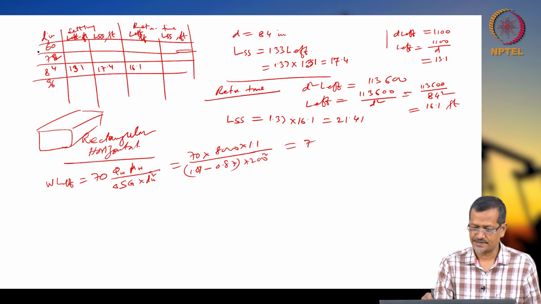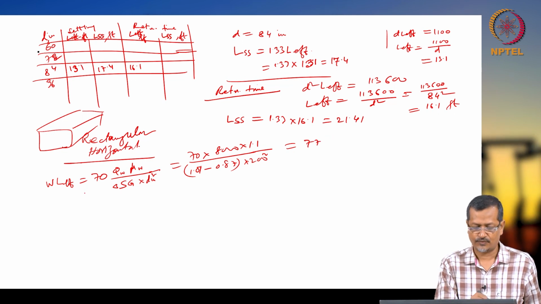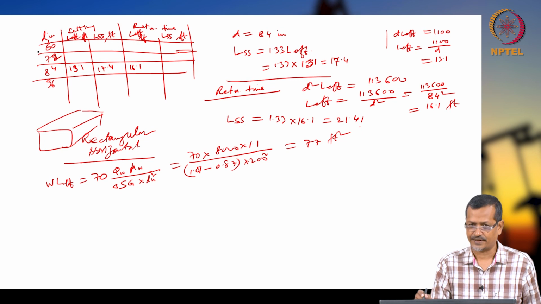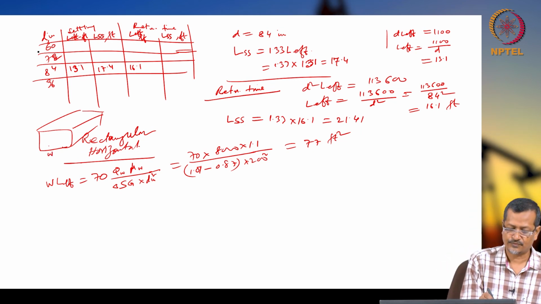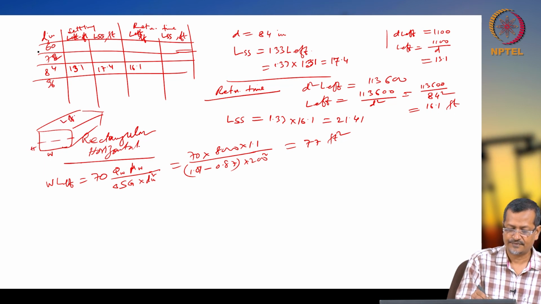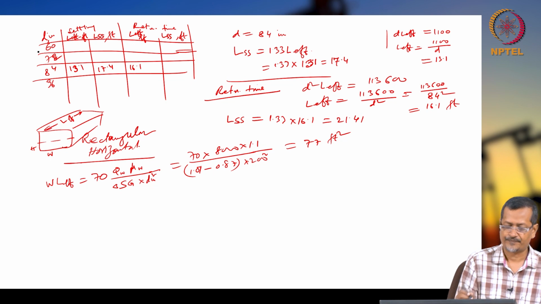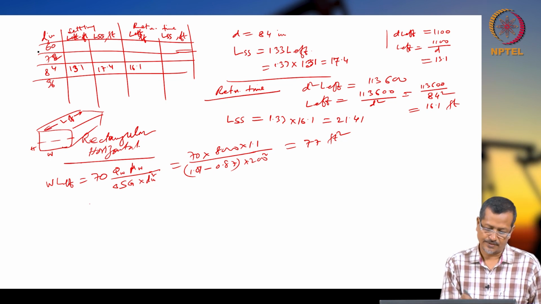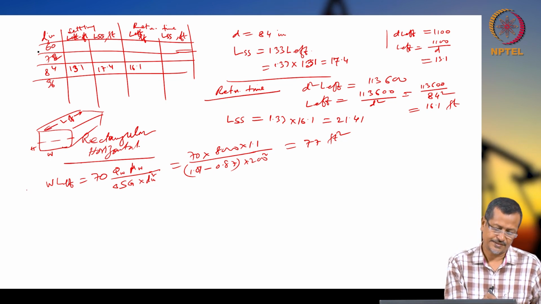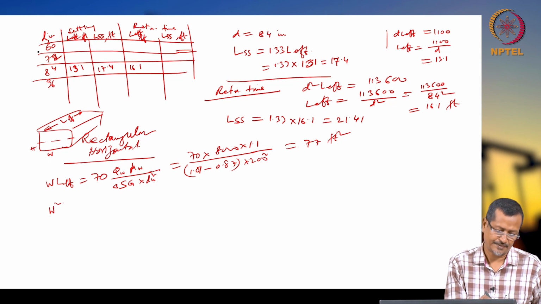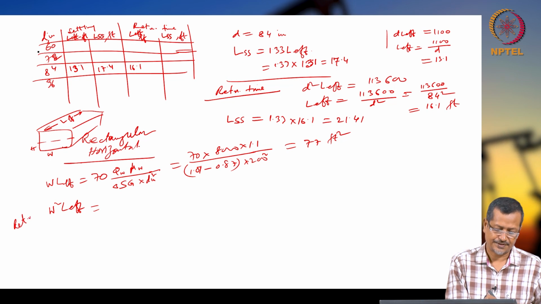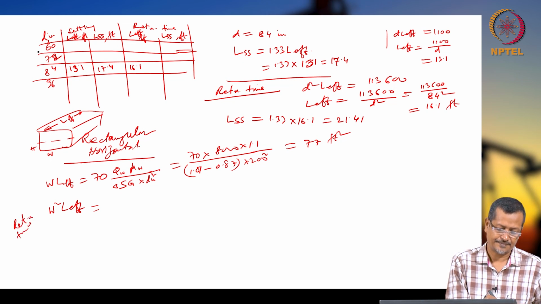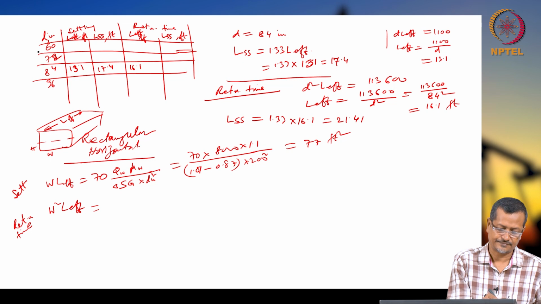So this will give 77 for W L effective, in feet square, actually both are in feet. W is the width of the system, this will be like the height, and this is L effective. So W square L effective formula is the settling equation, and this is the retention time, retention time based.